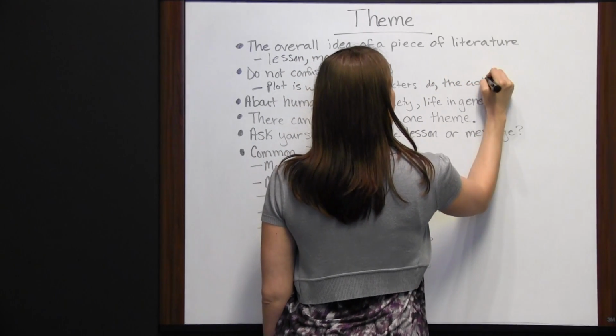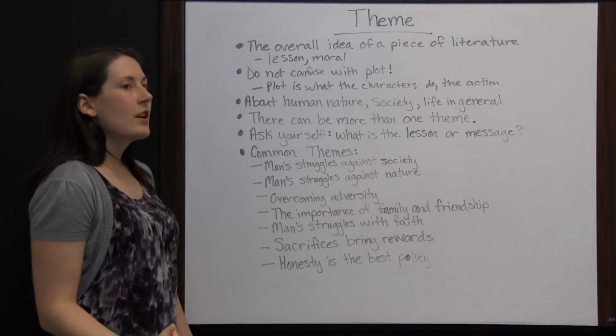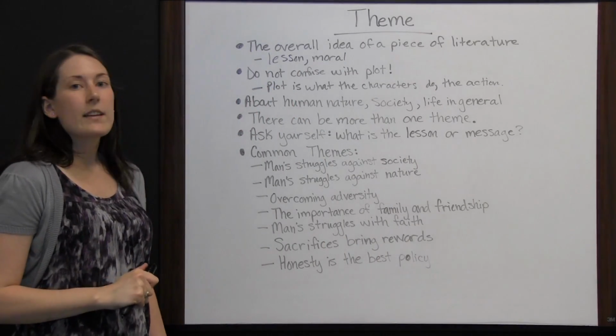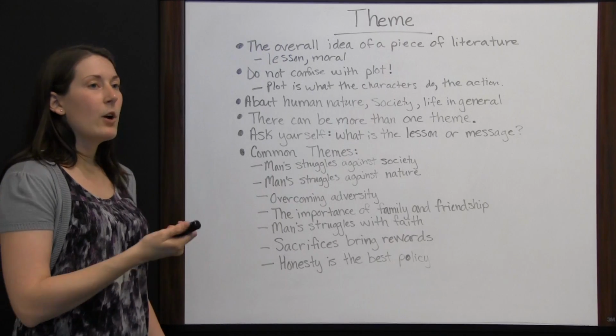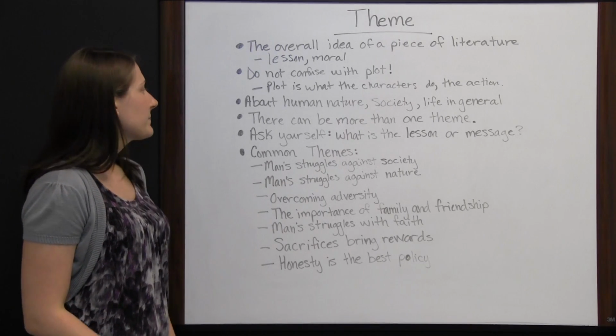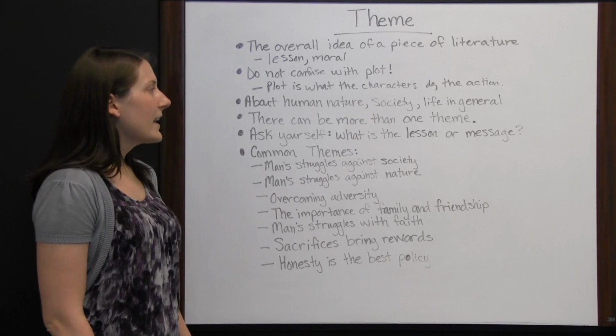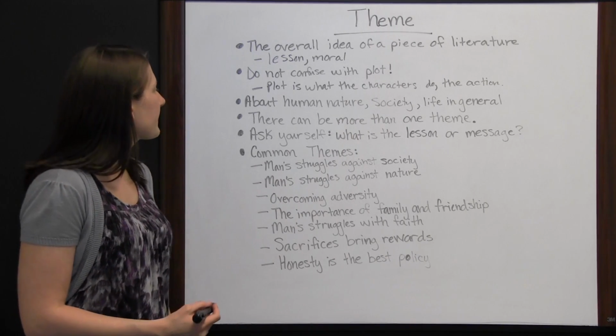It does not have to do with the overall lesson or message that the author is getting across. Now, obviously, what the characters do is going to help you understand the theme, but plot and theme are not the same thing. Theme is going to be more about human nature, society, and life in general.